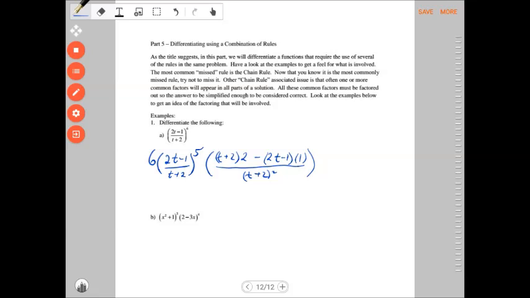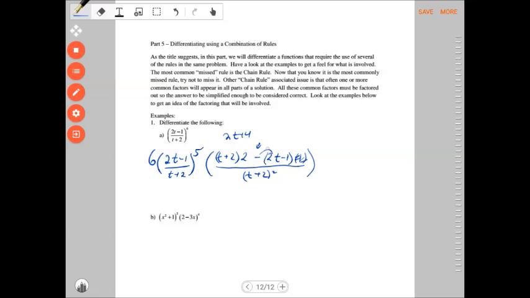Now we have to simplify and do some factoring. The first thing, we're going to look at the top here. This part is 2t plus 4. Timesing 1 doesn't really do anything, so we don't have to worry about that.